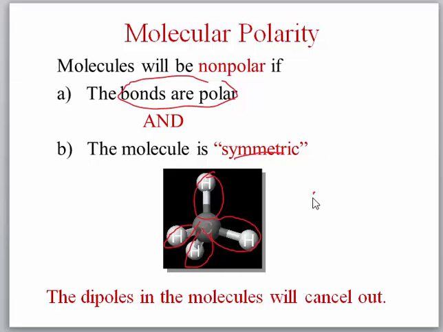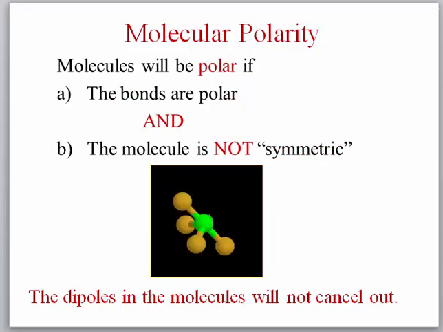So you can have a nonpolar molecule that's very simple, like O2, where you have a nonpolar bond and a nonpolar molecule. But you can have polar bonds and still have a nonpolar molecule if those bonds cancel out, if those dipoles cancel. Molecules are going to be polar if your bonds are polar.